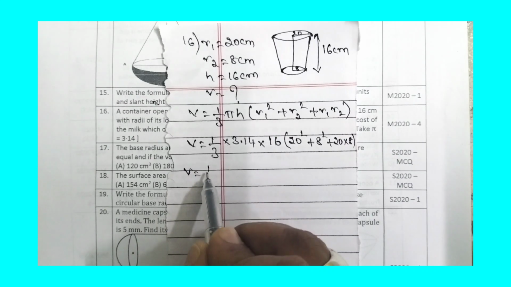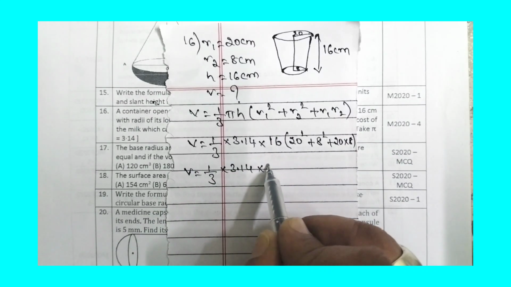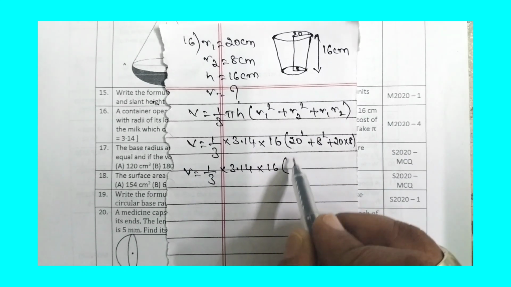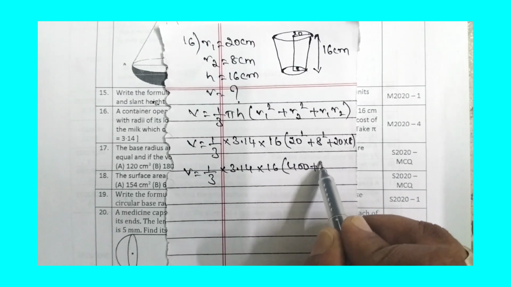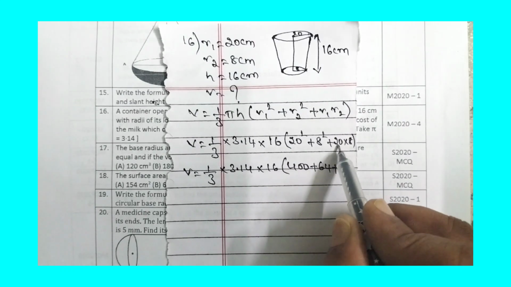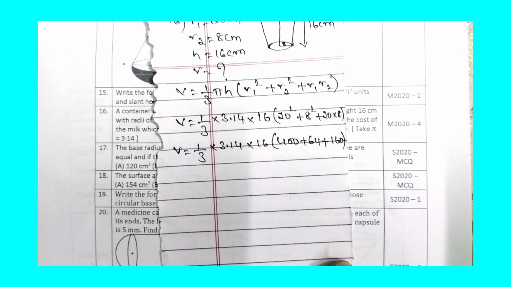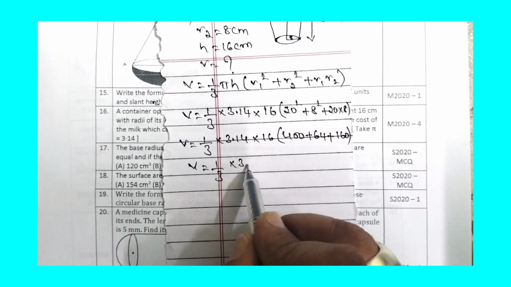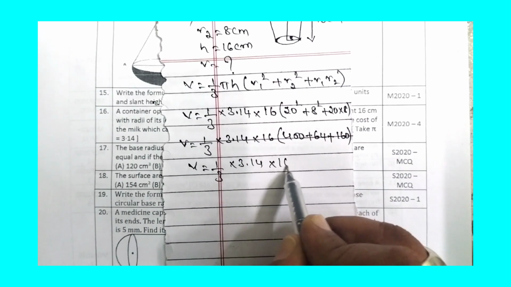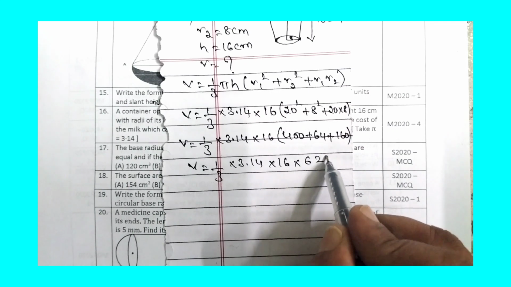So volume is equal to 1 by 3 into 3.14 into 16 into, if you multiply 20 times 20 is 400, 8 8s are 64, plus it will become 160, 20 8s are 160. So now volume is equal to 1 by 3 into 3.14 into 16 into, if you add these three you will get 624.